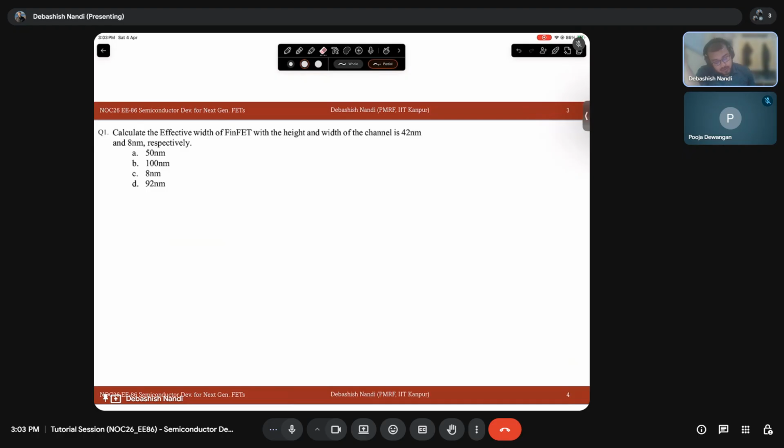So the first question is: calculate the effective width of the FinFET, with the height and width of the channel as shown. So what is a FinFET? You have your planar FET like this. This is your body terminal. This is your source drain.